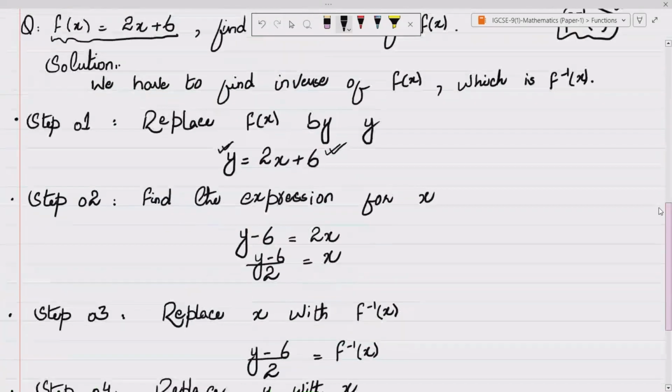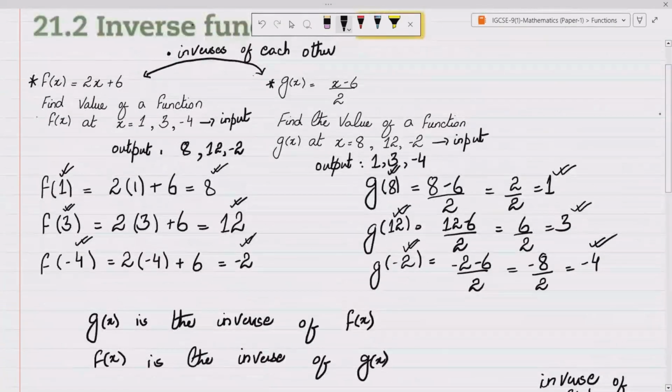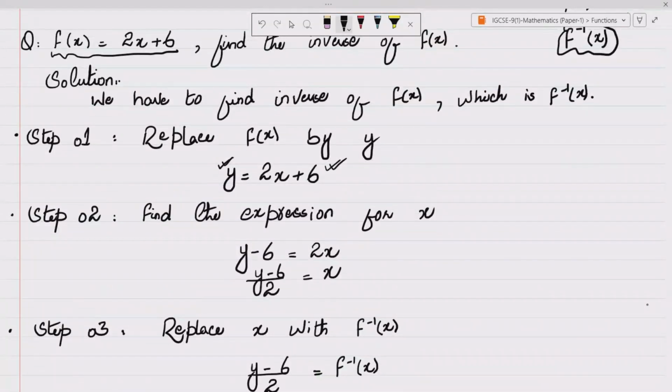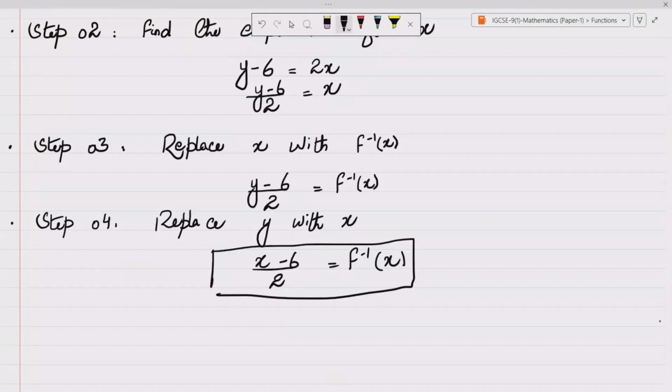And you can see that the g of x, which is x minus 6 over 2, is exactly the same. So when we were given this function, we followed these steps, and in the end we found exactly the same inverse, x minus 6 over 2, right?